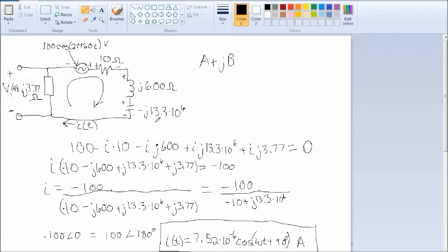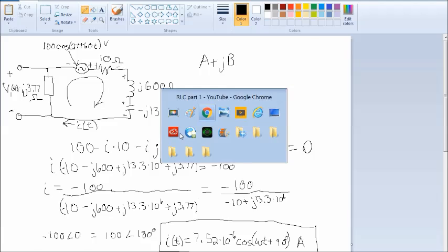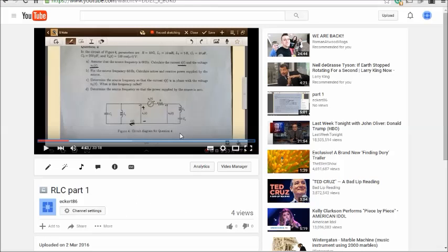So you have to find the frequency that will make these values either cancel each other out or be extremely small compared to the 10 ohm resistance.